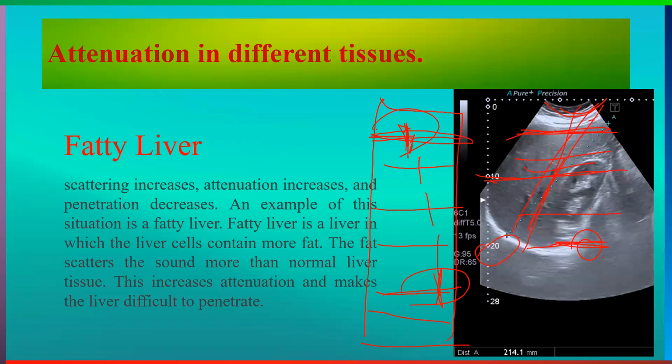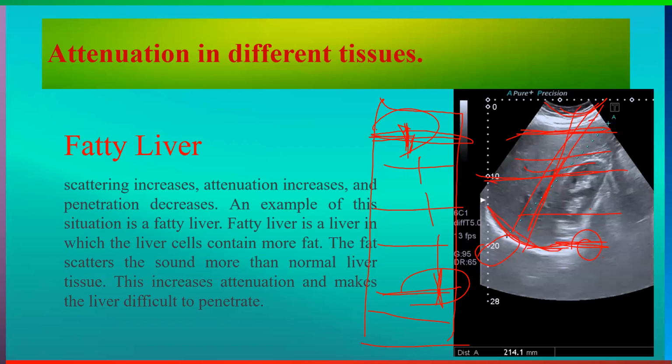And once these hepatocytes are filled with fat in the form of fat vacuoles, so this fat acts as scatterers. And one of the mechanisms of attenuation is the scattering. So if the number of scatterers increases, then the attenuation will also increase, and this way the sound waves will become weak and they will reach the diaphragm, right?